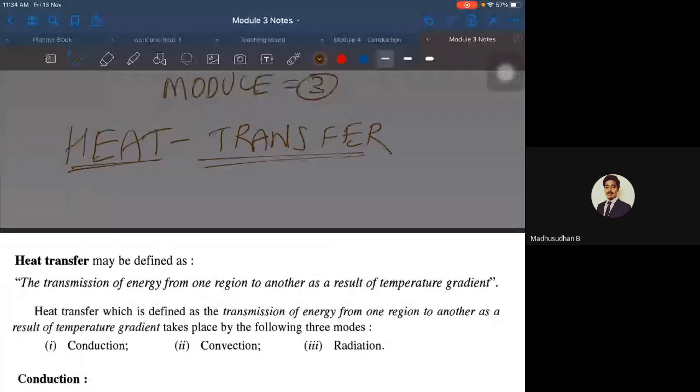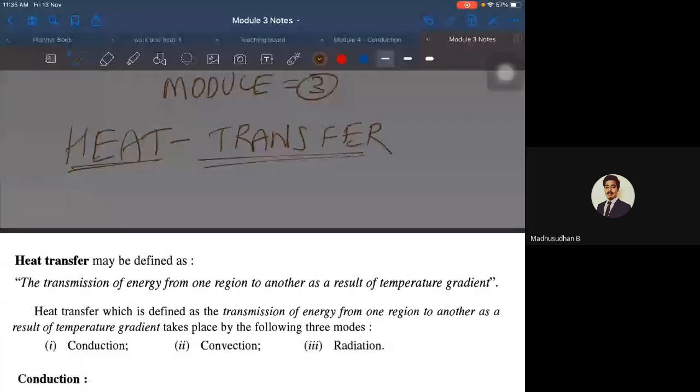We are removing the free convection from module number 4, and the forced convection part from module number 5. After completing modules 3, 4, and 5, if you still have time, we will go with the convection part, that is free convection and forced convection. If we still find time, then we will go with the applied thermodynamics part.